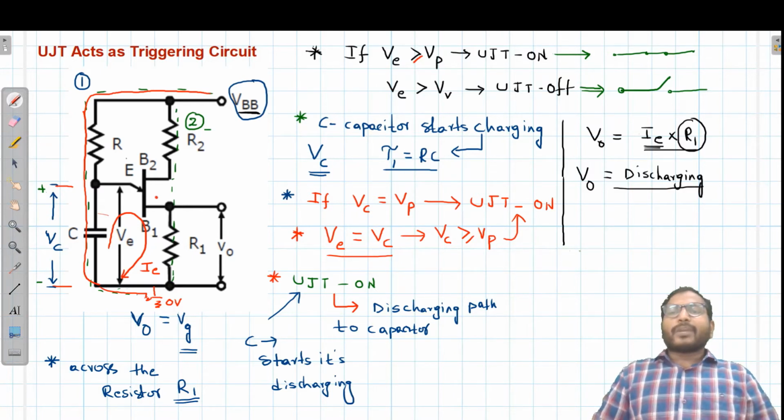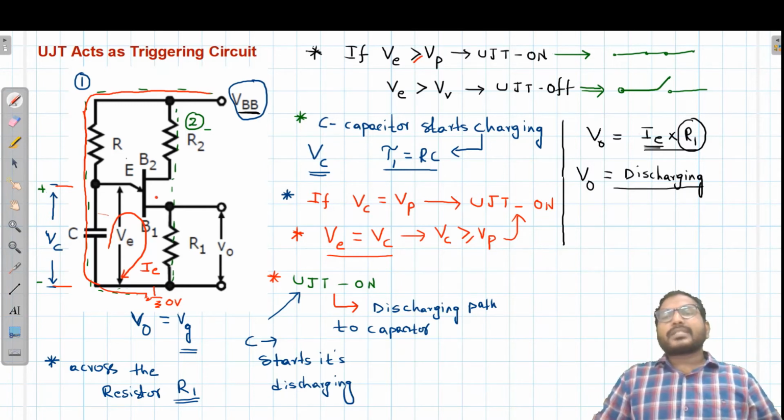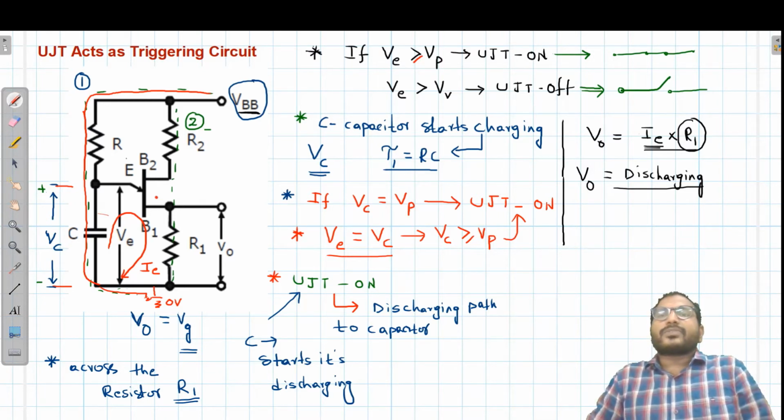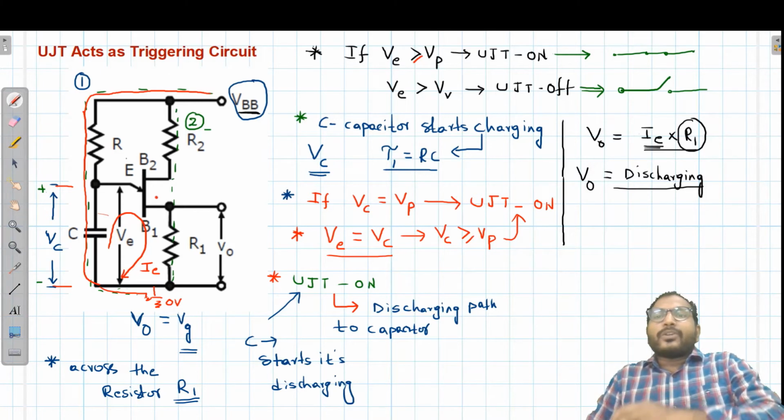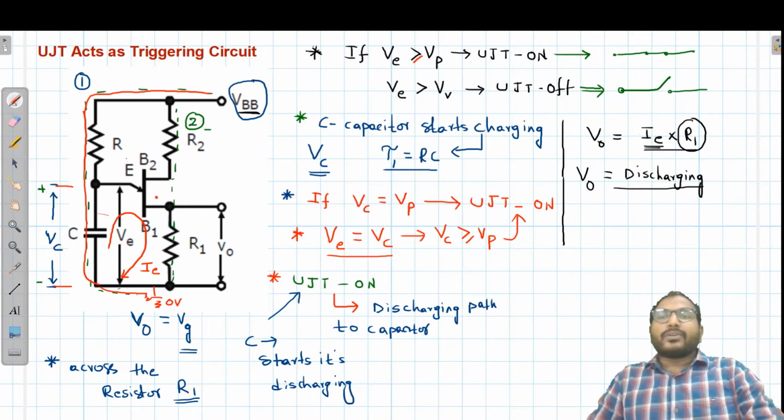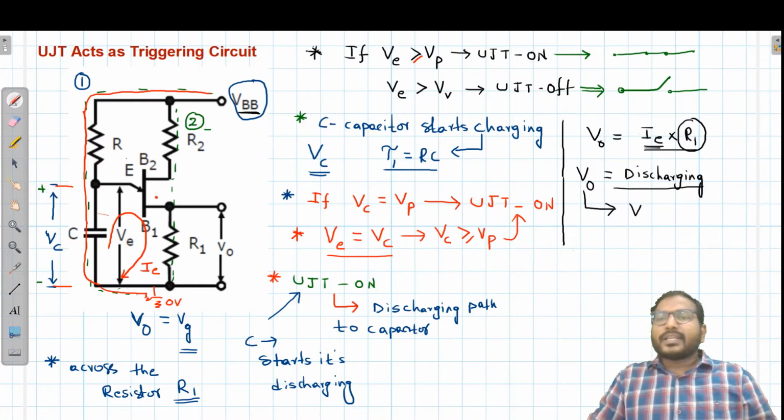Now, from the conceptual point of view, when the capacitor starts its discharging, the same discharging voltage is available across R1. So now V0 is available. Our job is completed. The same V0 will act as a gate voltage to trigger the SCR.